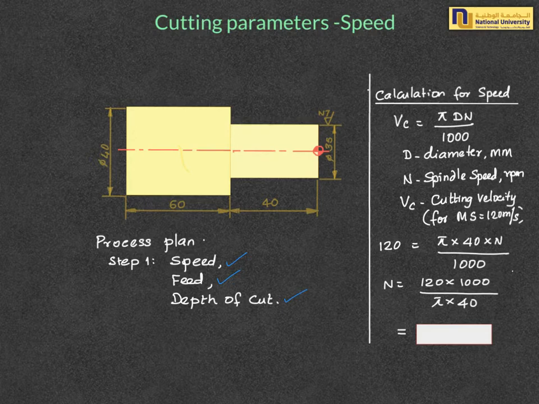The speed can be decided by the formula: the cutting velocity Vc equals pi d n over 1000, where d is the diameter of the workpiece, which is the major or maximum diameter, n is the spindle speed, which is given in RPM, and Vc is the cutting velocity. Cutting velocity is given to be 120 meters per minute.